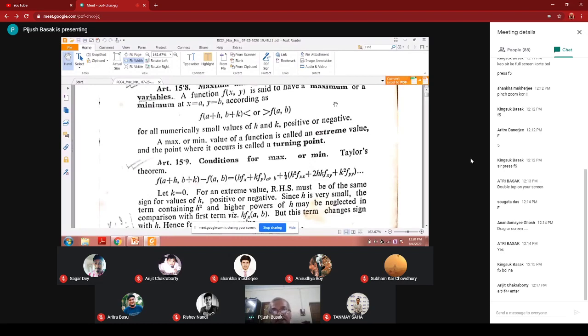A plus h. Shift in x-axis is h, shift in y-axis is k. Then either the value will come down or the value will increase. So if you make some shift in x and y-axis, if the value remains the same, then this is not a maximum point or minimum point, right? Follow this logic.